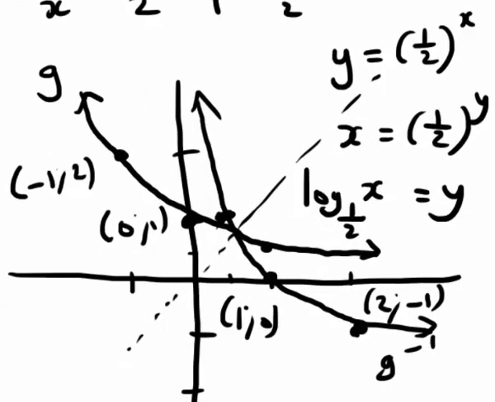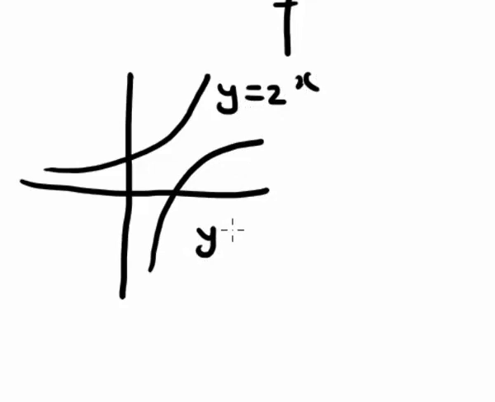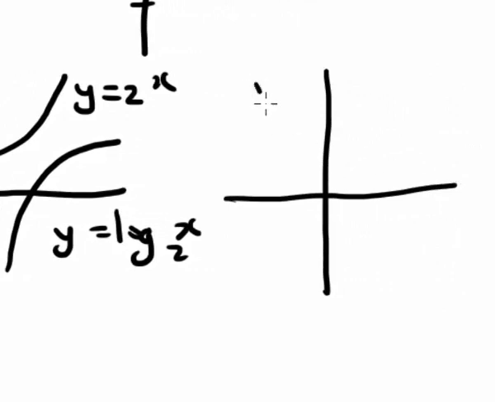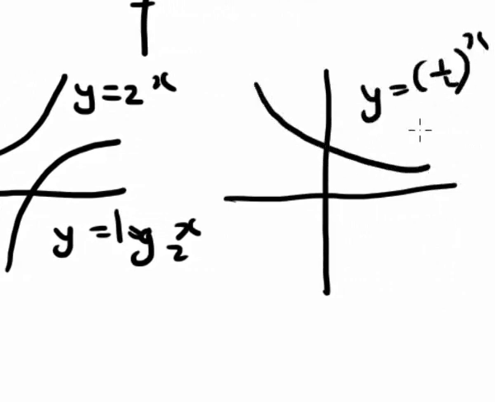What's quite interesting with these, if you've got an exponential graph like this, y equals 2 to the x, its inverse would be this graph, which would be y equals log x to base 2. And if the graph is going down, they call this a decreasing graph, y is equal to a half to the x.